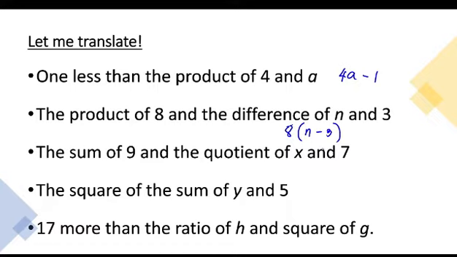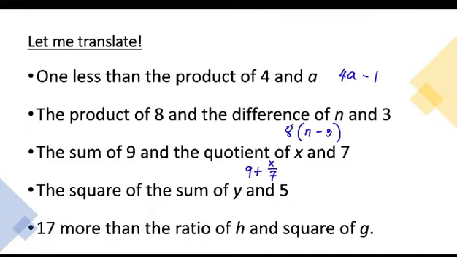How about the next one? The sum of 9 and the quotient of x and 7. We're just going to add 9 and the quotient of x and 7. So we can represent it as a rational expression, 9 plus x over 7.